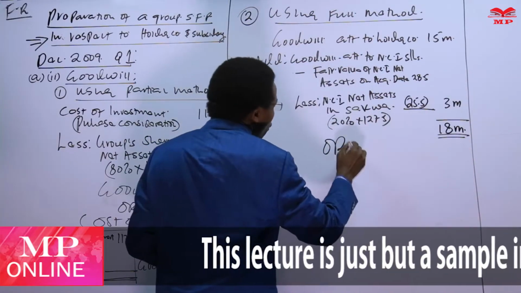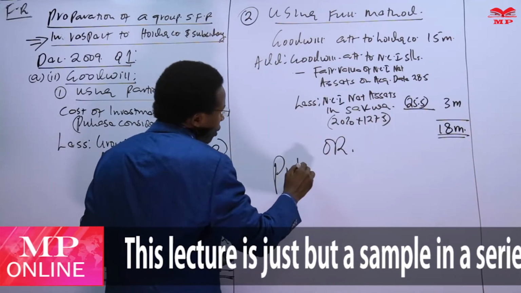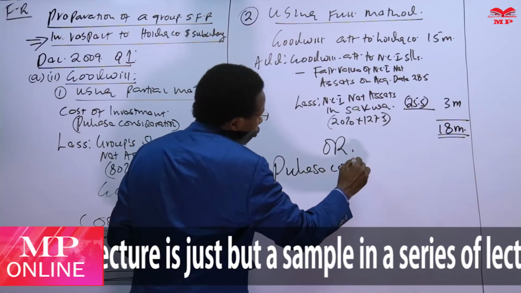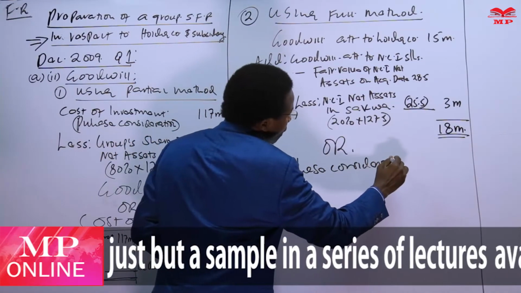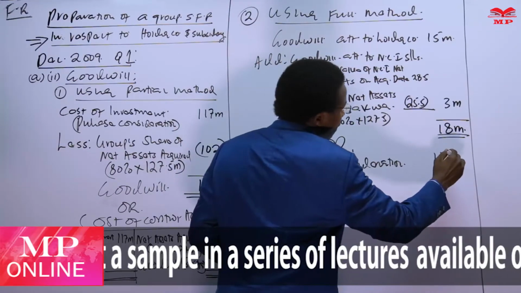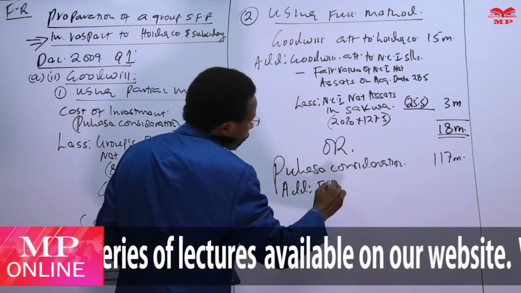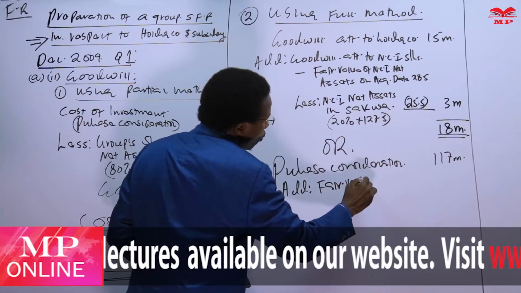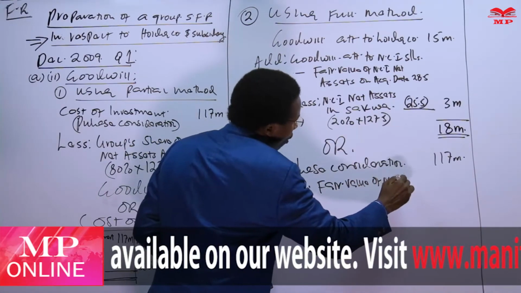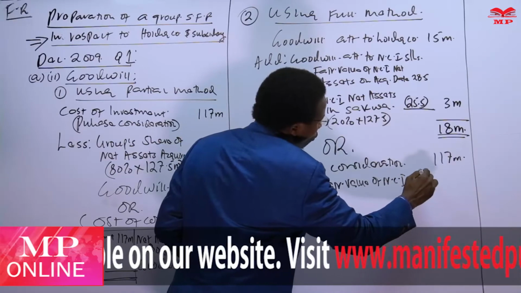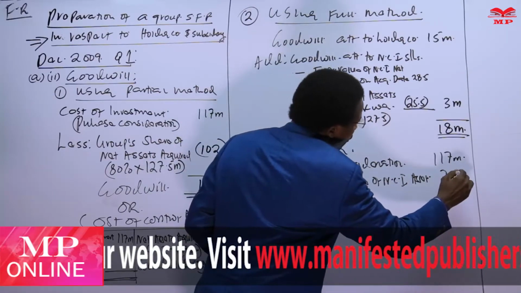Or you could easily say purchase consideration. The purchase consideration is 117 million. Then you add the fair value of NCI assets on acquisition, which is 28.5.